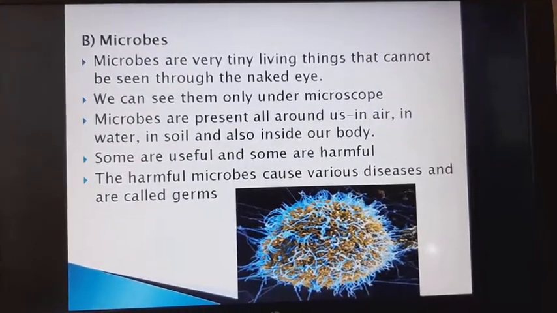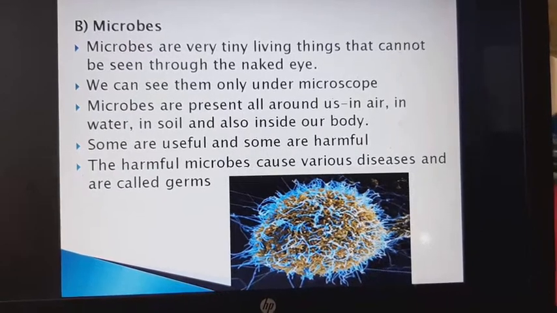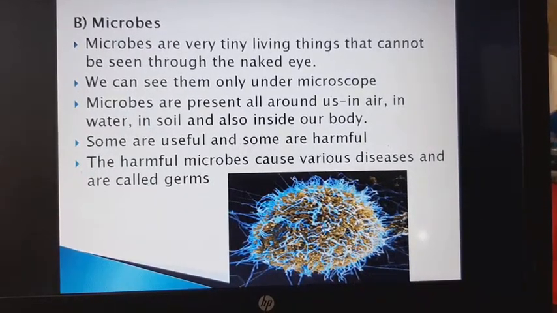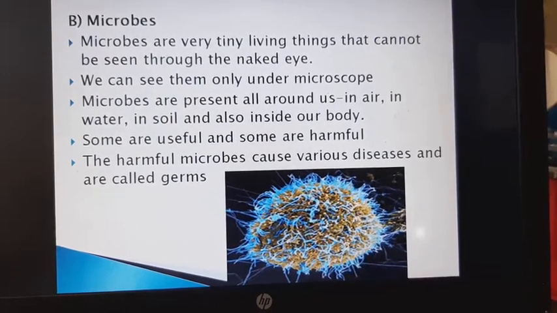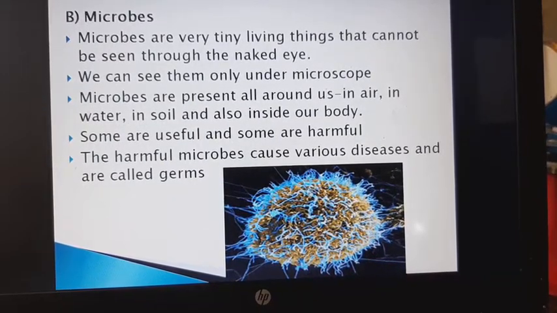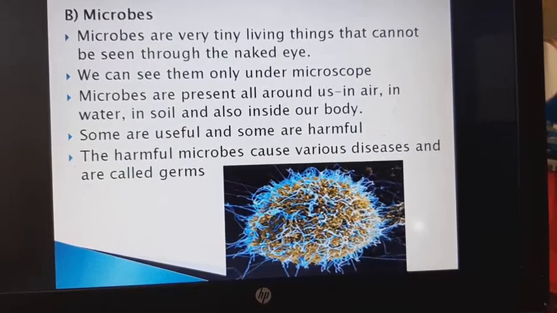B. Microbes. Microbes are very tiny living things that cannot be seen with the naked eye. We can see them only under a microscope. Microbes are present all around us, in air, in water, in soil, and also inside our body.